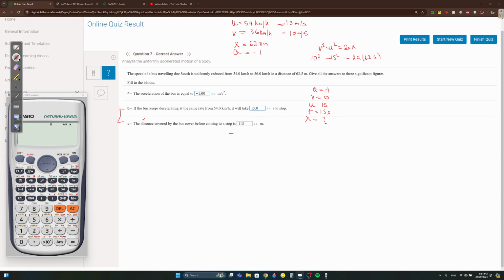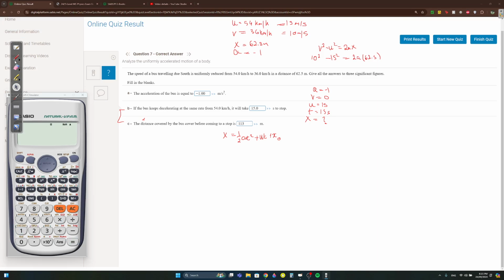We can use anything. You can use X equals half AT squared plus UT plus X node. Negative 0.5 times T squared, 15 squared, plus U, which is 15 times 15. You'd get a positive number.